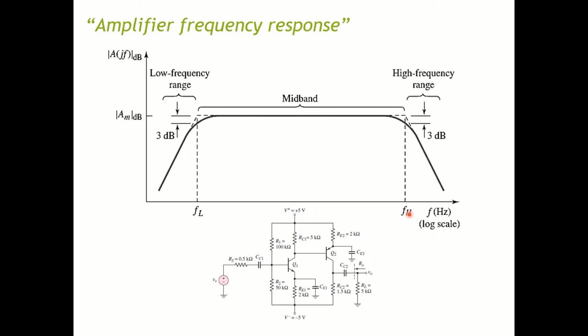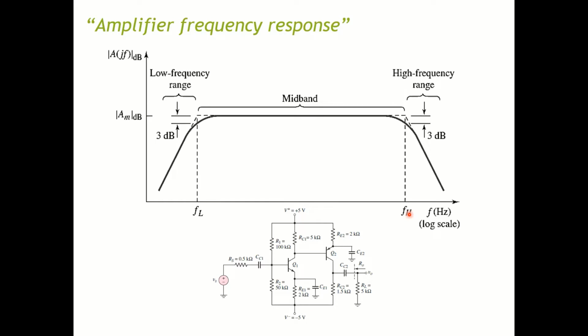One more example is an audio amplifier. The signal frequency of an audio amplifier is in the range of 20 Hz to 20 kHz, for example. So it needs to be amplified equally, so that it can produce the sound as accurately as possible.